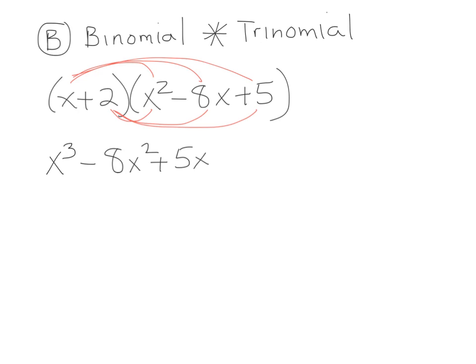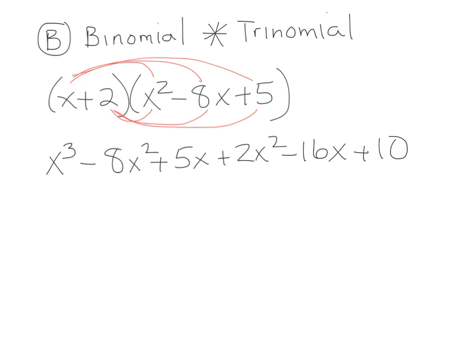So you're not just distributing one term, the x, you're also going to distribute the 2. So 2 times x squared, 2x squared. 2 times negative 8x, negative 16x. And then 2 times 5 is 10.